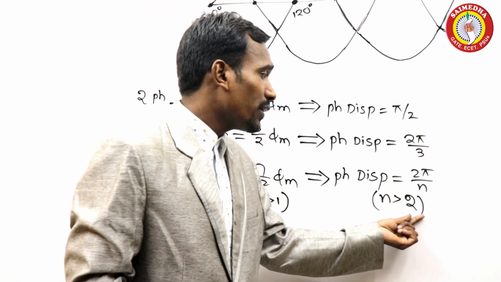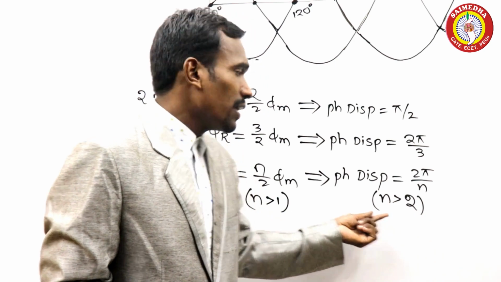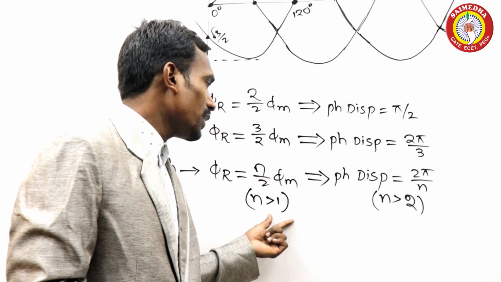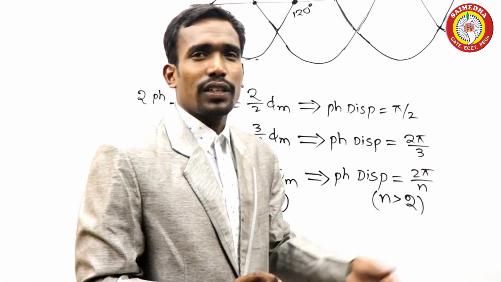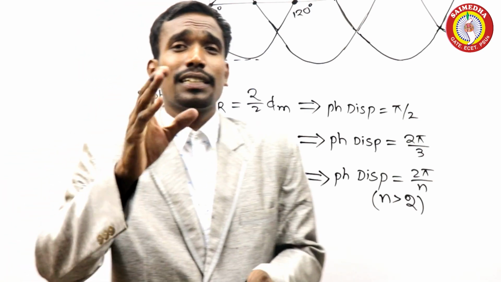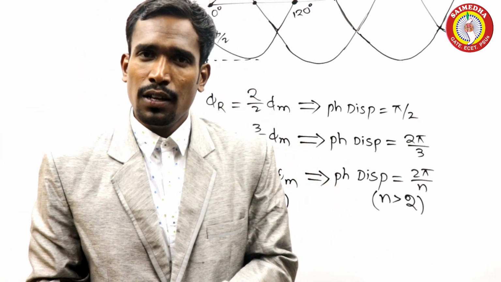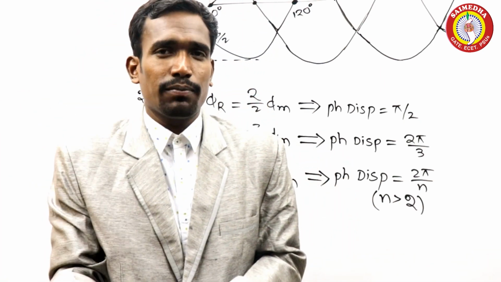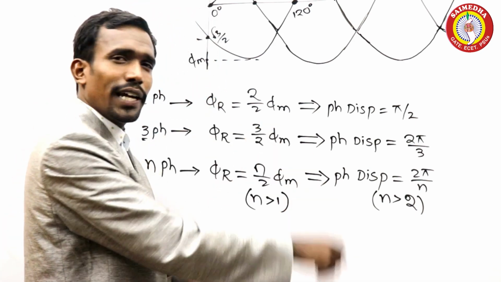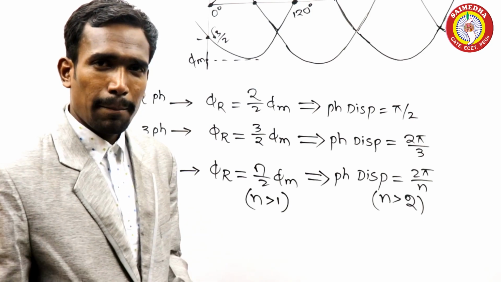So, this is very important. For the flux, n is greater than 1; for the phase displacement, n is greater than 2. So, what are the conclusions? For a 3-phase system, the resultant flux is 3 by 2 phi m. For a 2-phase system, 2 by 2 phi m. For an n-phase system, n by 2 phi m, where n is greater than 1.